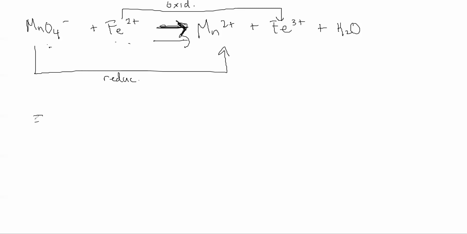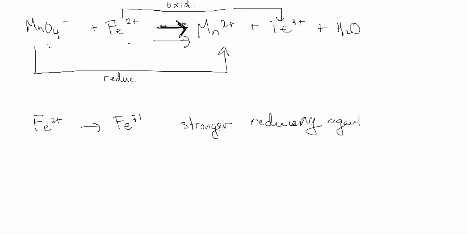What that means is iron, Fe2 plus to Fe3 plus, is a stronger reducer, or reducing agent, than manganese. Right? And you can only figure that out by actually using a chart.